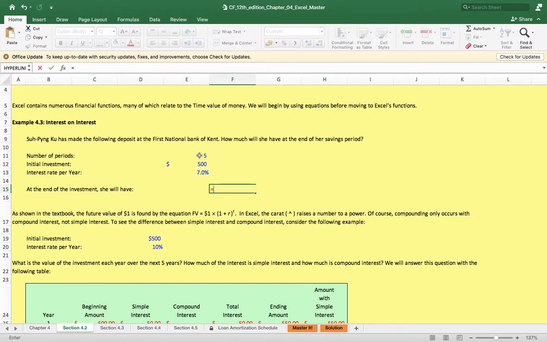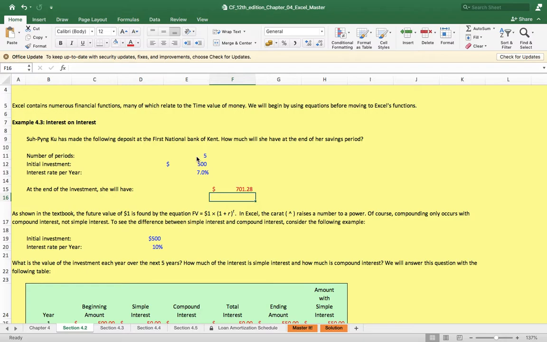Do with me: equal to present value, that is 500, multiplied by bracket start 1 plus rate of interest to the power n. N is 5 years. Enter. You will get the future value. I hope you have received the future value.